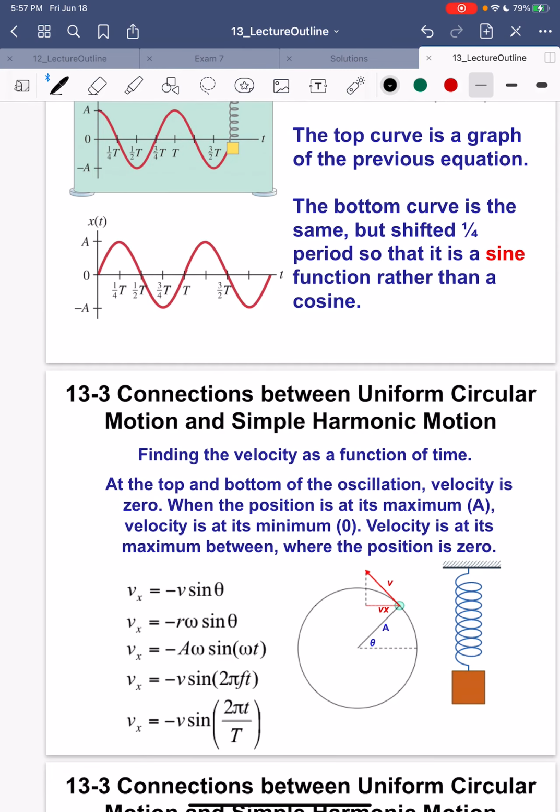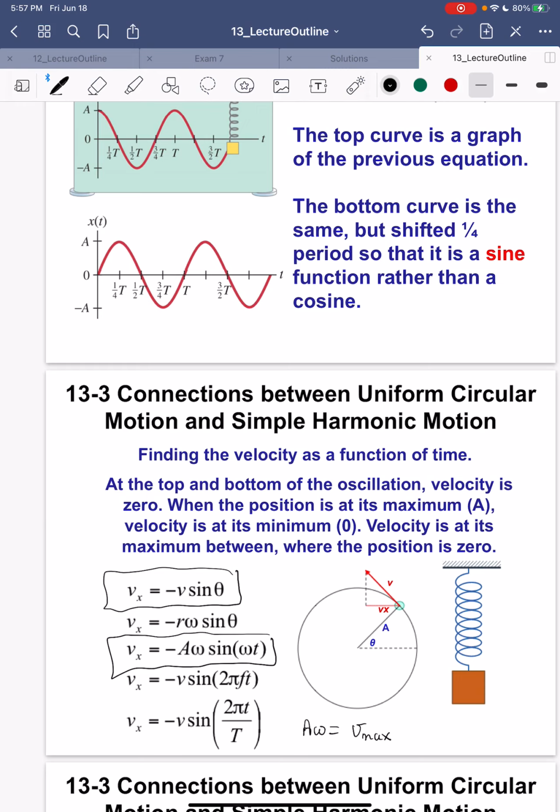Also, we can calculate the velocity, and the velocity is going to be either the derivative, or we can find it as the x component here, which is minus v sine theta, and this is really the equation. Now A omega here, we call it v maximum.